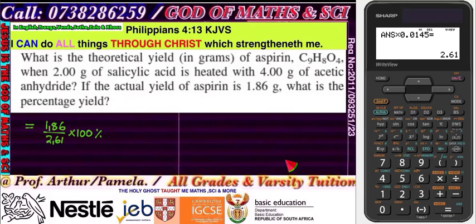There is still one more question on this one, just as a bonus. Divided by 2.61. So whenever you see that you are given, say, 71%, so 71.3%.